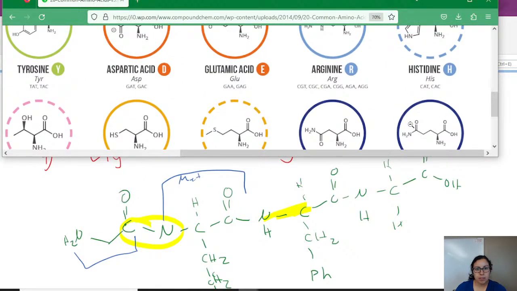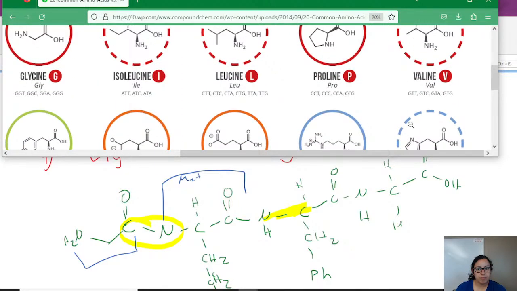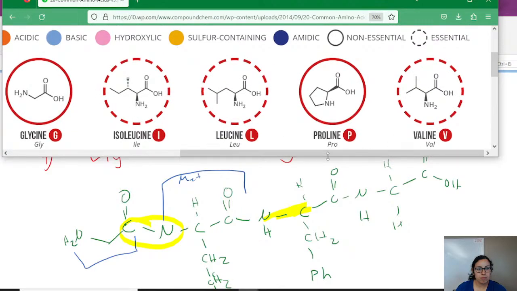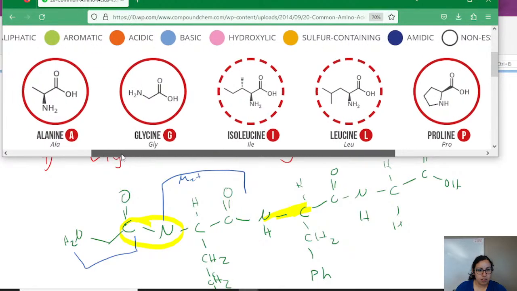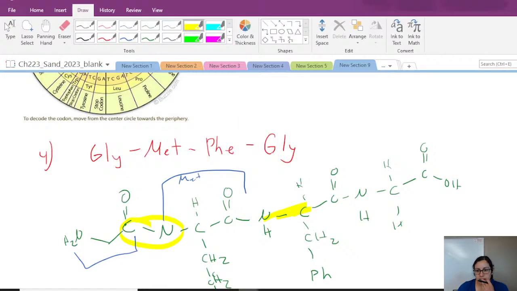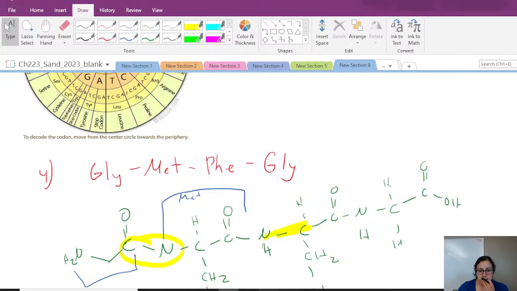See if I can find glycine now. There it is. And so ending with glycine, again attaching at the nitrogen, so carbon, nitrogen, and then the rest of glycine finished off there. Again, 1, 2 carbons, and carboxylic acid.